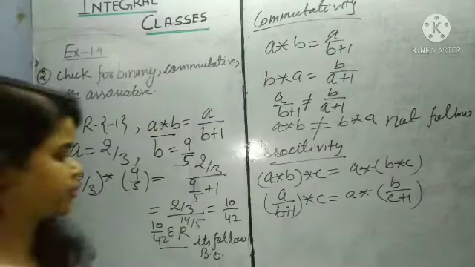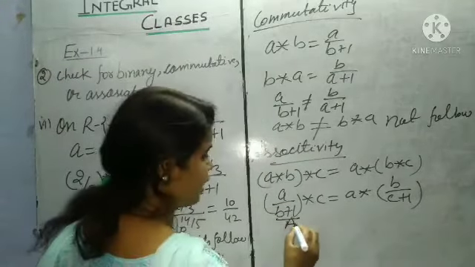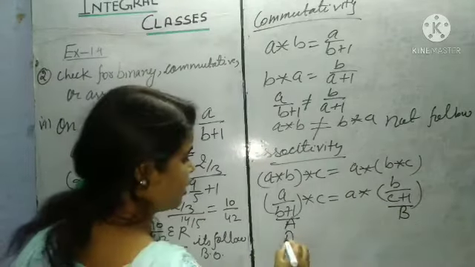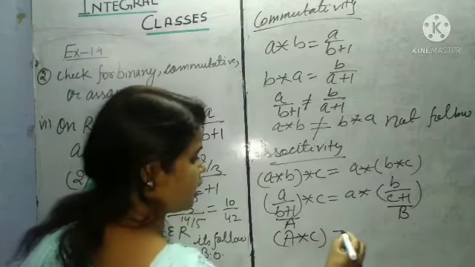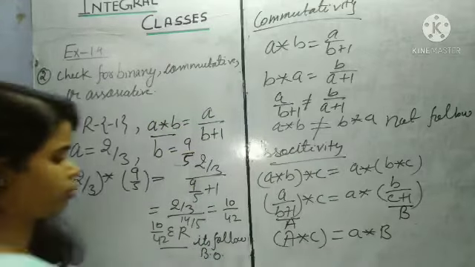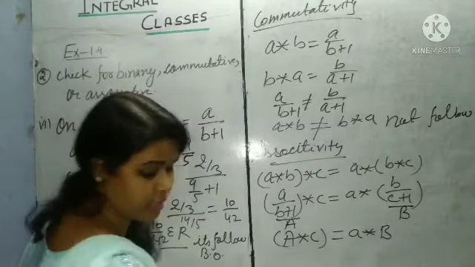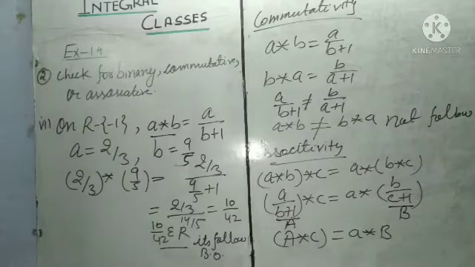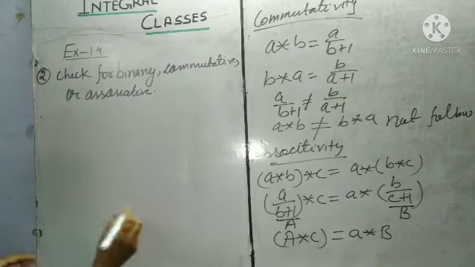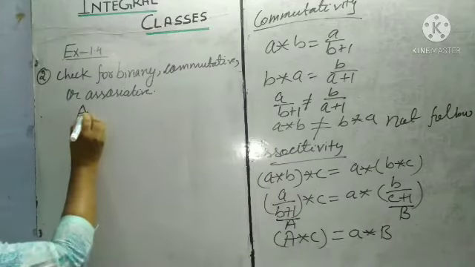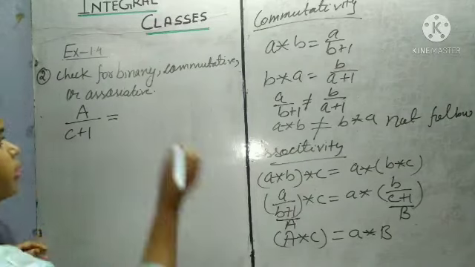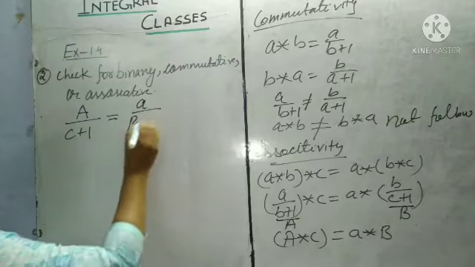Now again we will apply, suppose we consider capital A and capital B. So it will become A star C and A star B. Now A star C equal to capital A upon C plus 1. And other side A star B equal to A upon B plus 1.